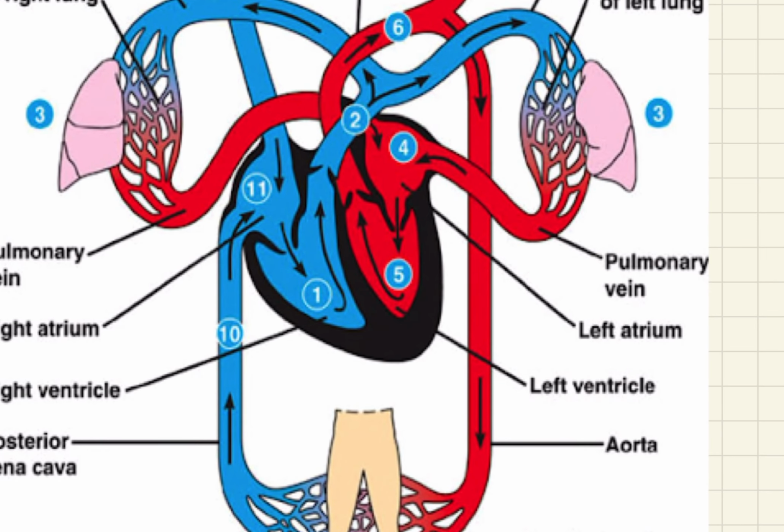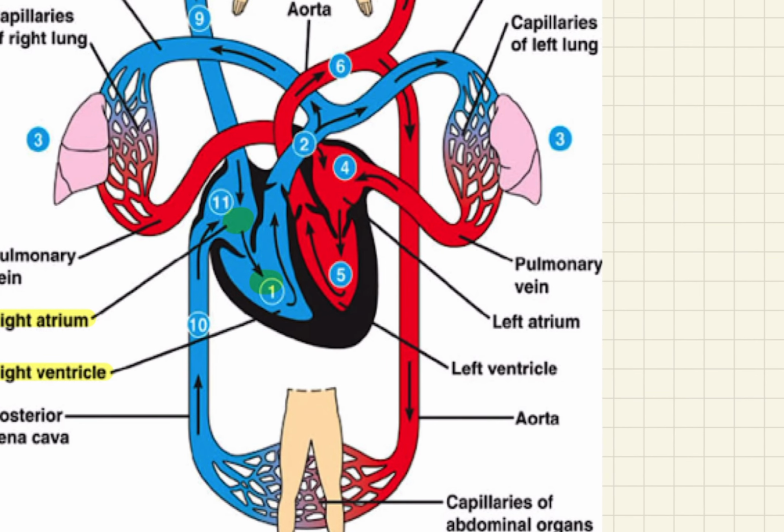So when we look at the heart, meron tayong tinatawag dito na right atrium, and the right atrium is situated here. Now, when we also look at the bottom of the right atrium, makikita nyo po dito na nandito po si right ventricle. Alright? So, on the other side, sa kabilang part naman ng ating puso, we also have the left atrium, which is situated here.